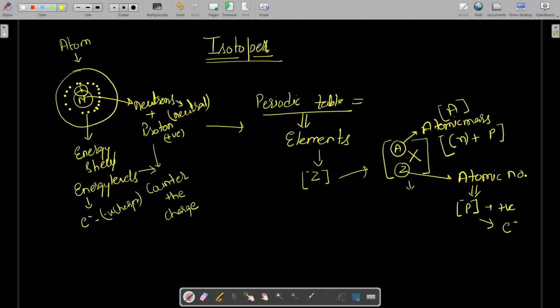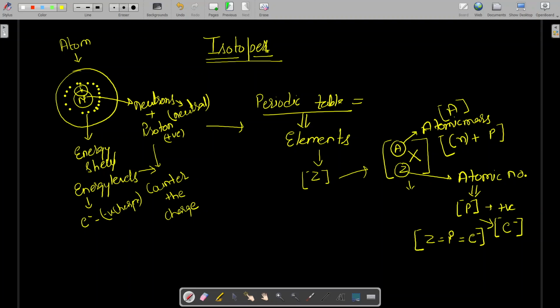So we can consider that Z equals P and P equals E, where E is electrons, P is protons, and Z is the atomic number. Elements in the periodic table have a particular atomic number, and on that basis they are arranged.